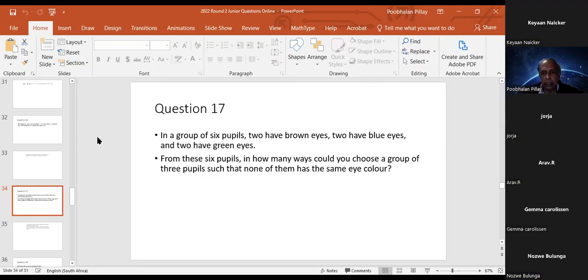Right. Now let's just identify them. Let's draw something like this, 6 pupils. So 2 have got green, brown, and blue. Oh, bad choice. Let's call it small b. So this is the blue. It's the brown and green.